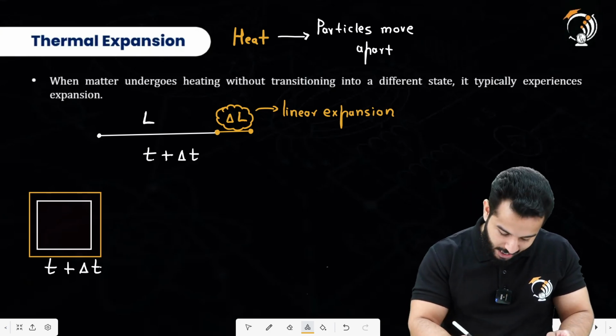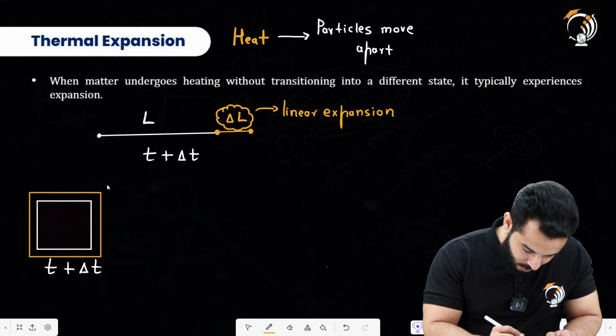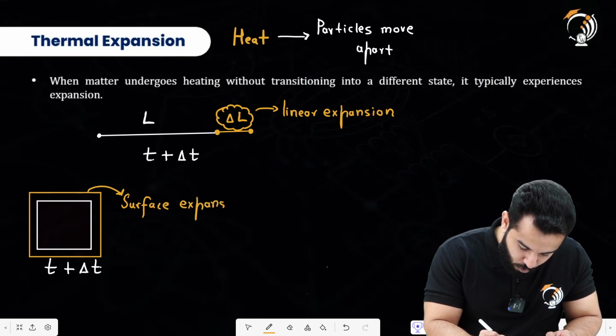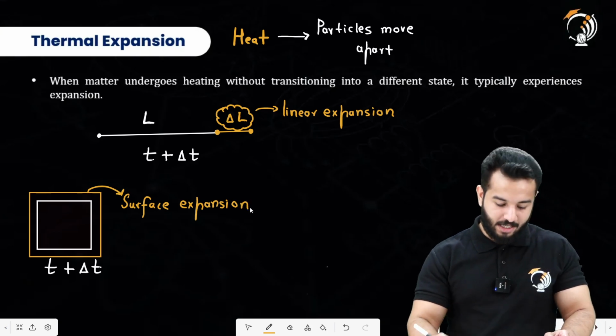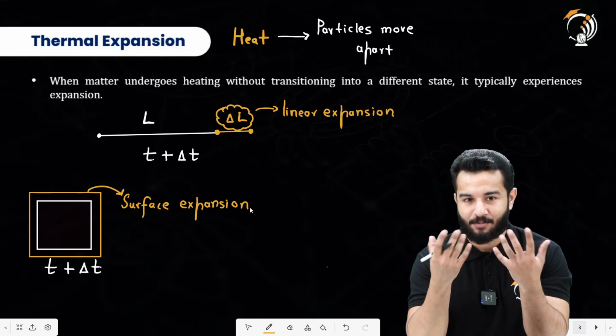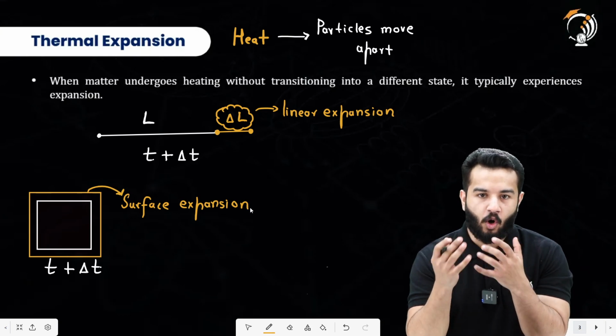This is called areal expansion or surface expansion. Similarly, if you talk about a three-dimensional body, that type of expansion will be known as volumetric expansion.